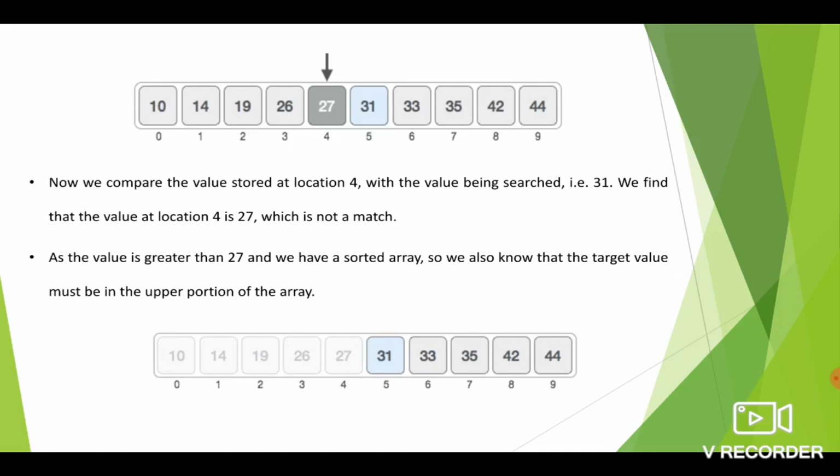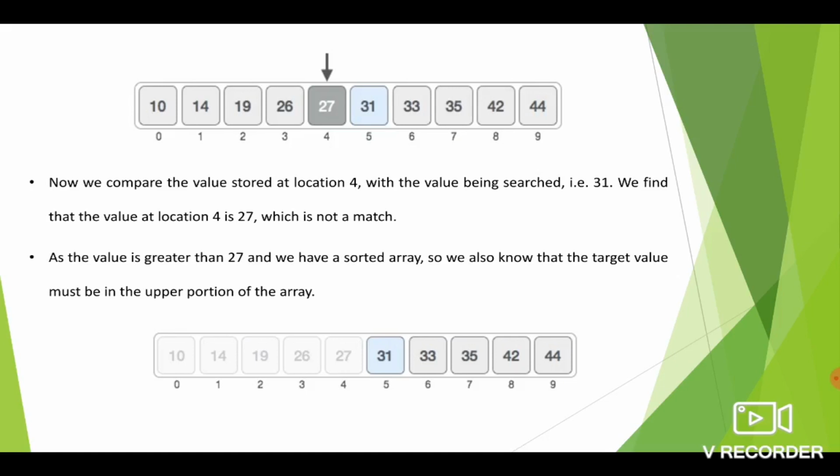You don't need to check for the searching element in the left. That's why the left-hand elements are shaded: 10, 14, 19, 26, 27. All these values are shaded. We are going to search for the element 31 only in the right.